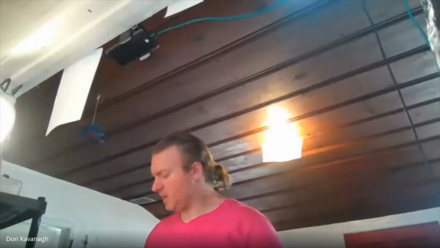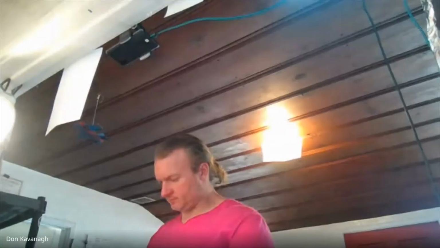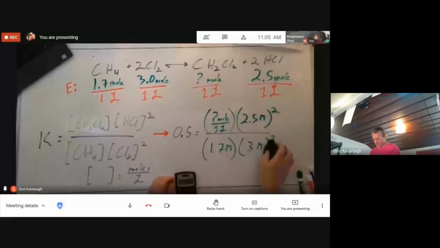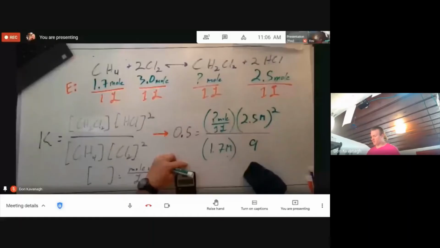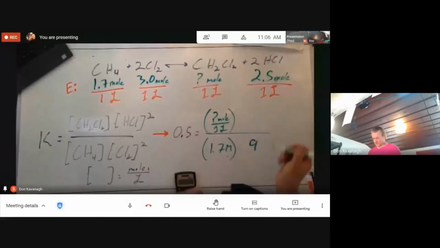And I'm going to drop my units, the capital M's, because formally equilibrium constants don't have units at the end of the day. 2.5 squared is 6.25. 1.7, I'm just going to not touch that for right now. 1.7 times 9 is going to be 15.3.